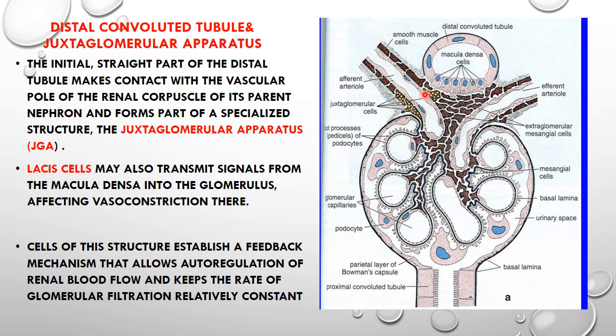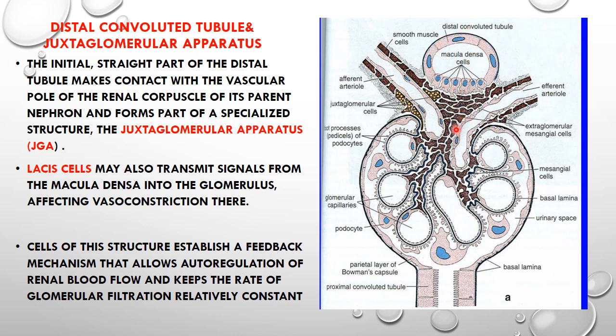Now this is a structure showing you the juxtaglomerular apparatus. The straight part of the distal tubule makes contact with the vascular pole of the renal corpuscle of its parent nephron, and it forms the macula densa cells, which are the tall columnar cells, whereas the rest of the cells are simple cuboidal cells.